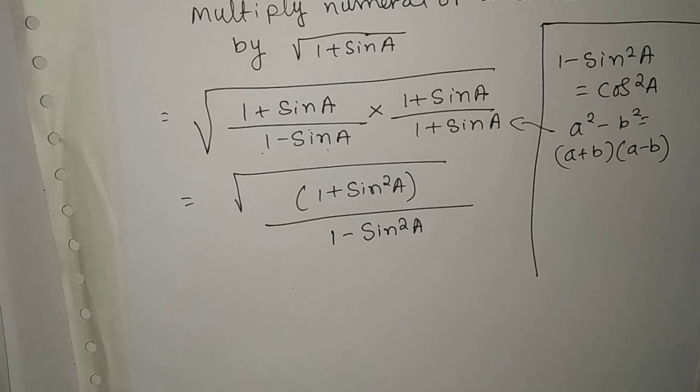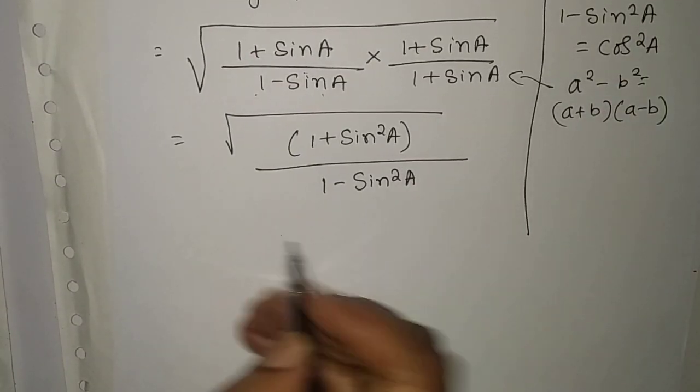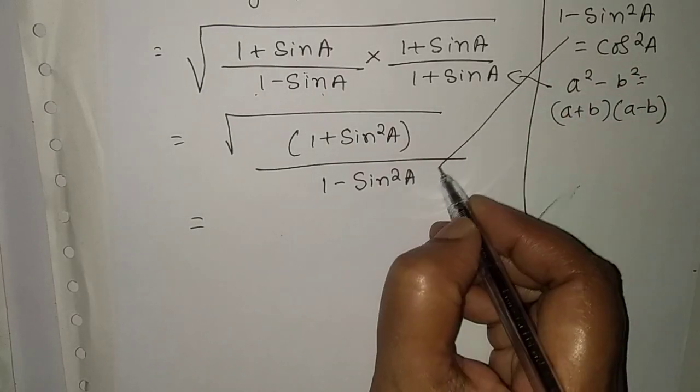So after this, 1 minus sin square A is cos square A. Substitute this here.